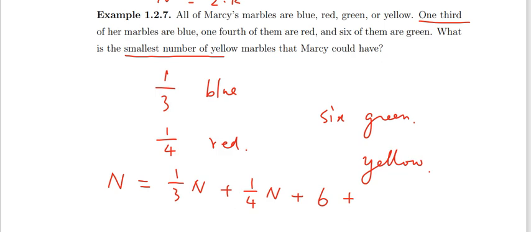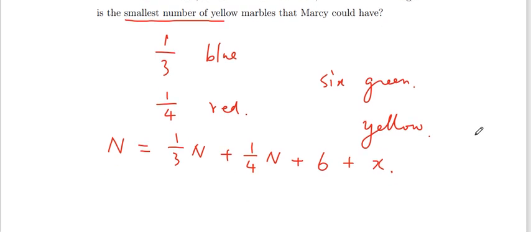I don't know yellow, so I put x. Here x and n should be integers, so we just try to find the smallest x.